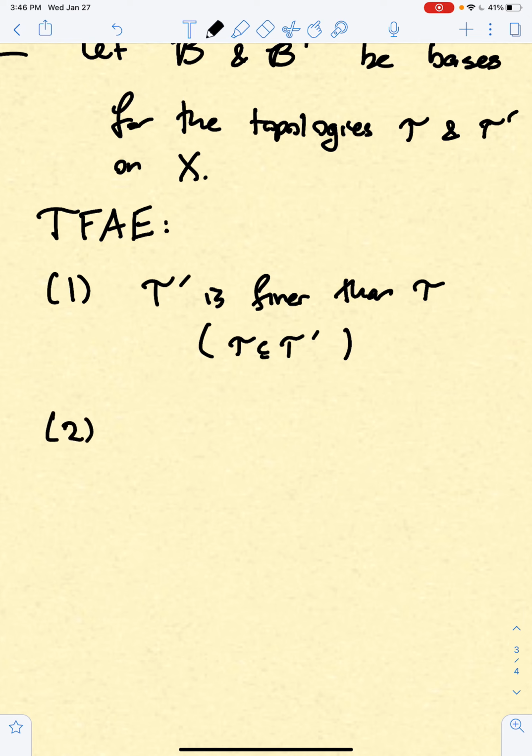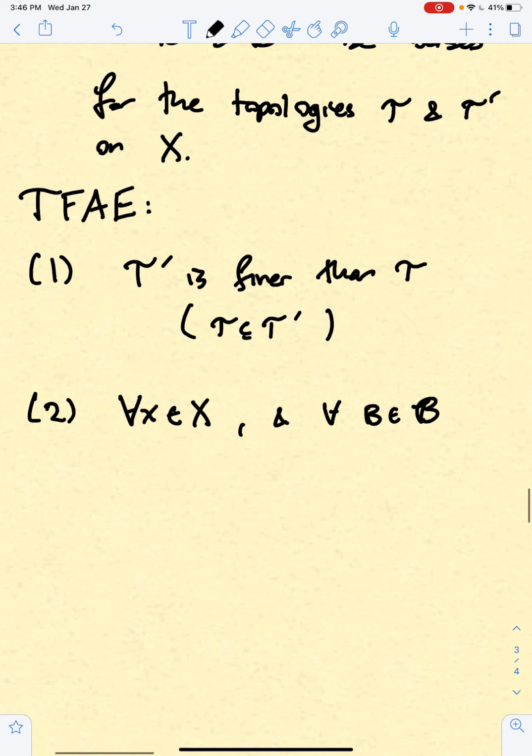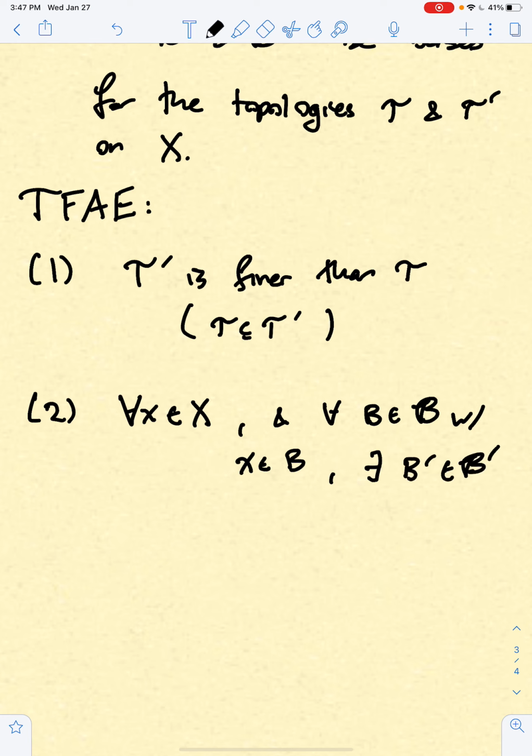And 2, for all x in X, and for all b in script B with x inside b, there exists another basis element b prime in script B prime such that x is inside b prime, which is inside b.